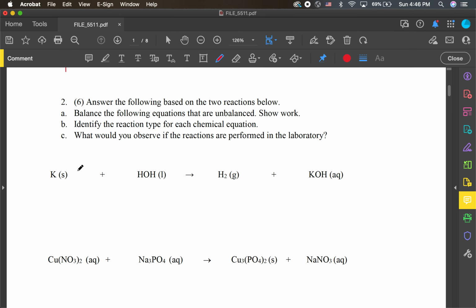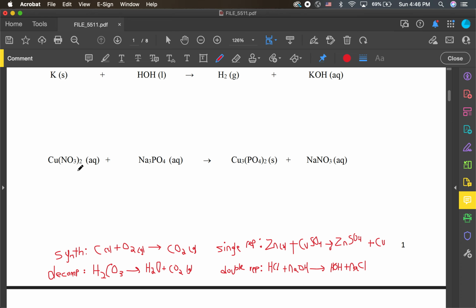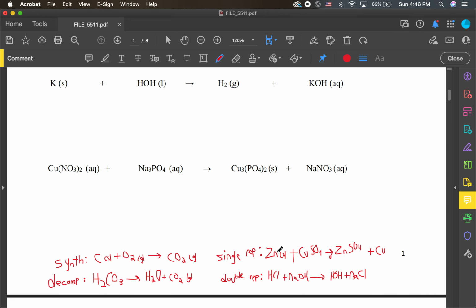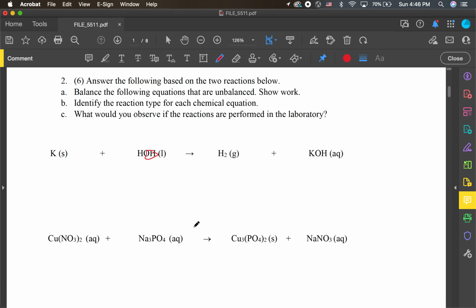So going back to that one we drew down here, we have a single element, we're adding it to a compound molecule, and this K is pairing up with the OH right here, and the H is getting left behind. So we have this reaction right here. We have a single replacement reaction.